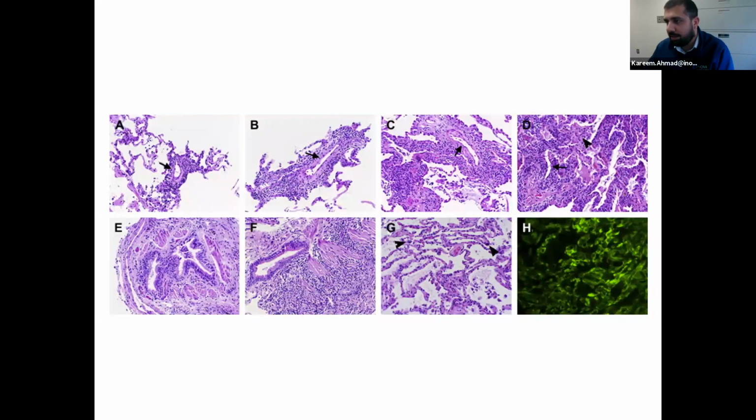And so this is again a spectrum. Like I said, you can see that in A, just around the perivascular region, around the blood vessel, not around every single blood vessel, but only select blood vessels, there's an infiltrate that over time becomes more organized and actually extends out. And so slowly you go from a thin-walled interstitium to a thicker-walled interstitium, eventually leading to inflammation in some of the lung parenchyma, eventually diffusely throughout the parenchyma, developing a higher grade of cellular rejection.